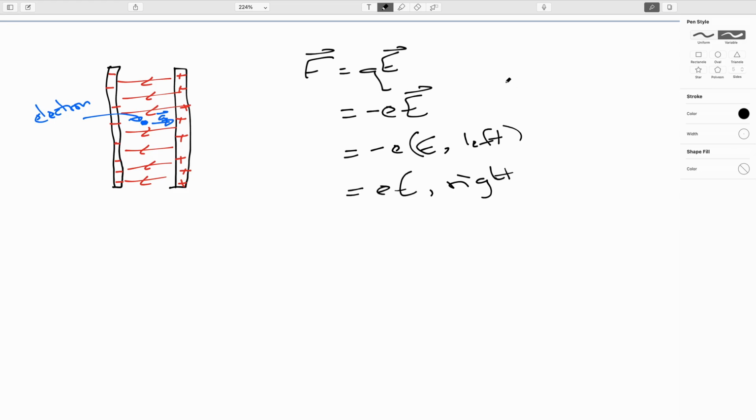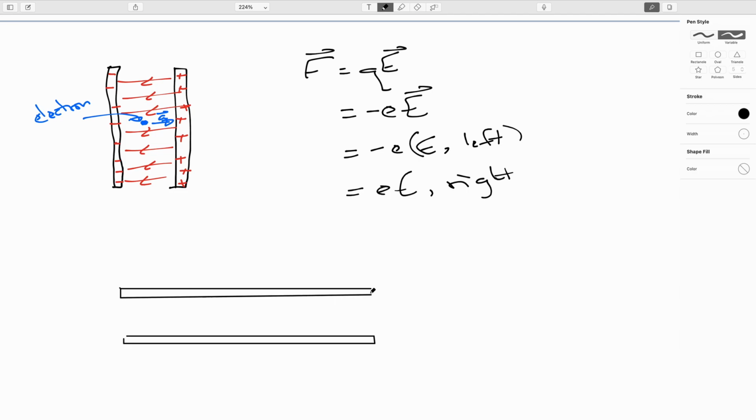All right, well, let's try another one here. And this will be a little more complicated. This time I will make the negative plate at the bottom, and we'll have a positive plate at the top, like so.